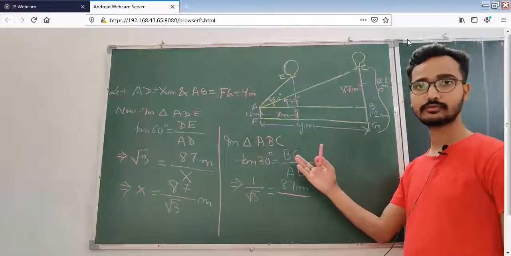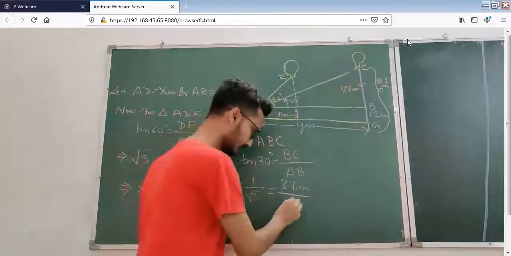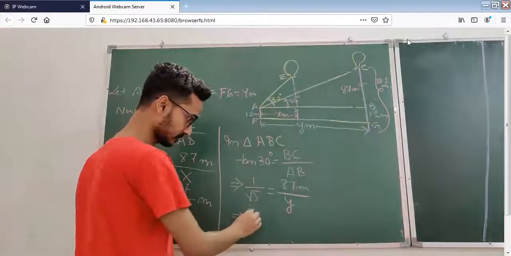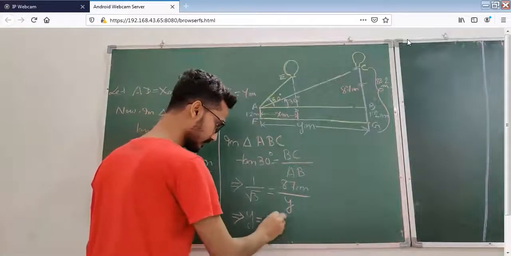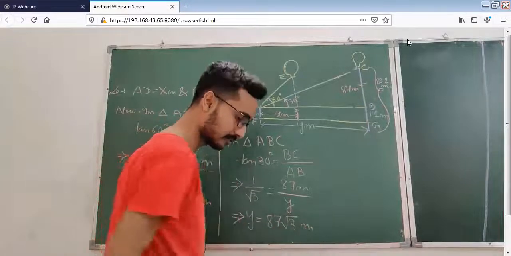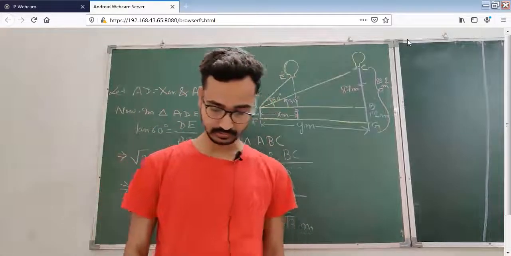So write down Y. Now if you cross multiply, Y will be 87 into root 3 meter. Up to this clear?